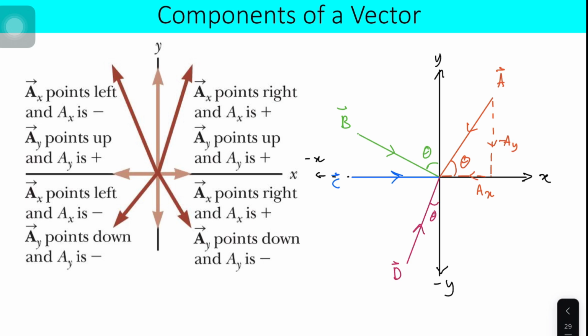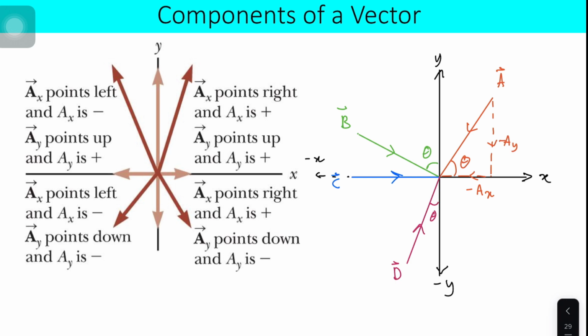So the AX also has a negative sign. Please take a look at the direction, not where your vector lies, but where your component vectors are pointing, towards which axis. Is it positive? Is it negative?